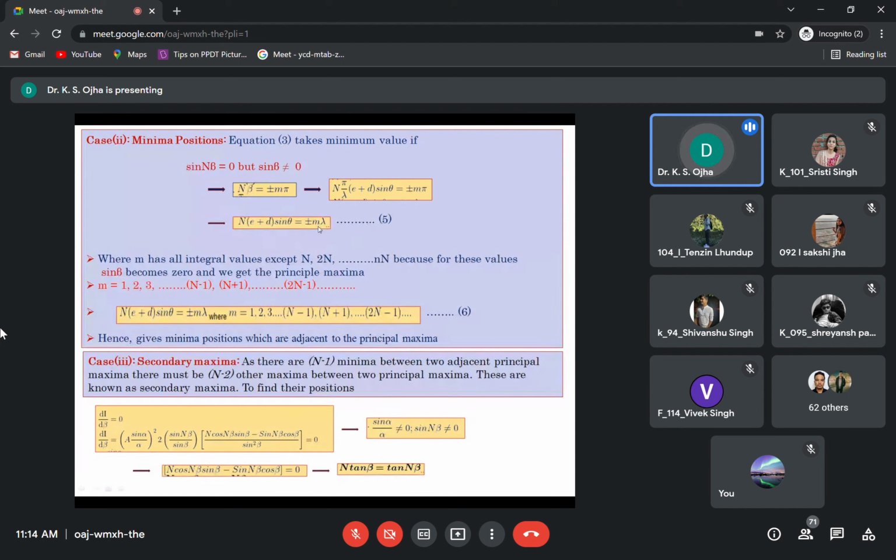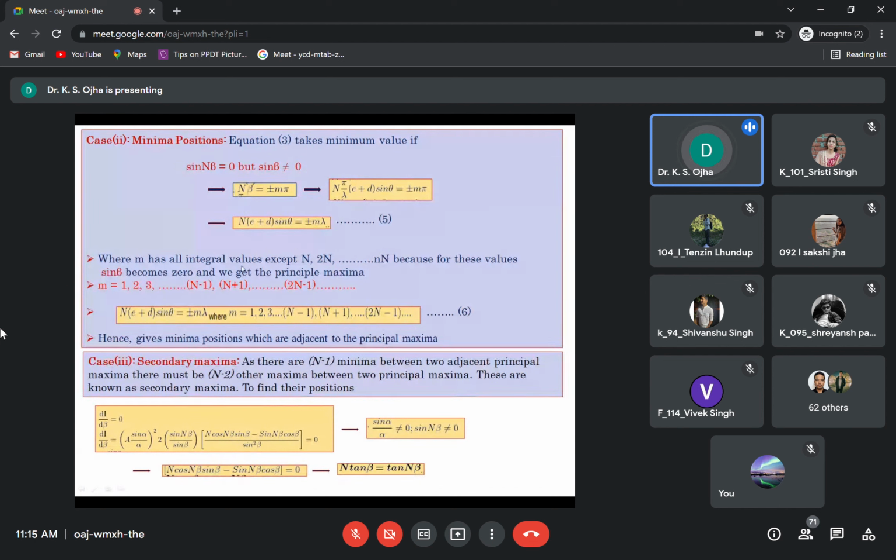If we consider m is equal to n, you get (e plus d) sin theta is equal to plus minus lambda, which means you get the first order principal maxima. Similarly, if m is equal to 2n, we get the second order principal maxima, and if m is equal to nn, we observe the nth order principal maxima.